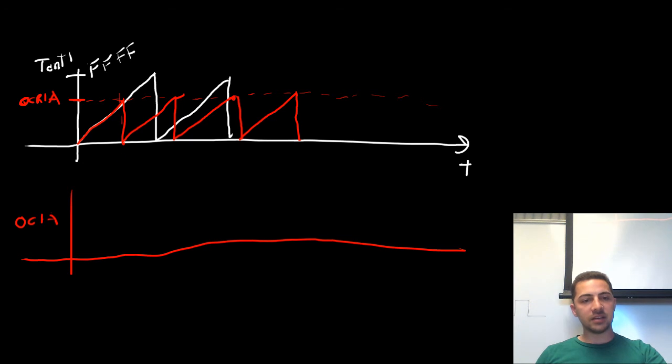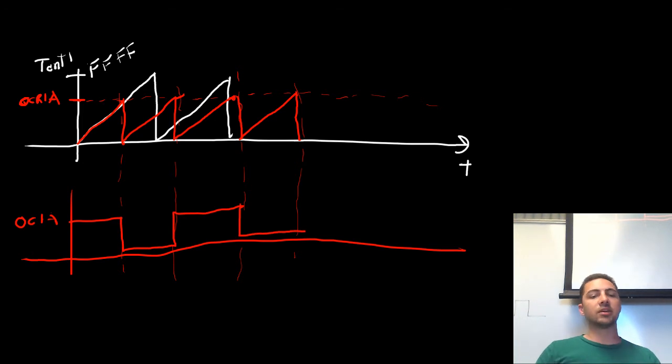And every time it does this, every time it resets, we can have it toggle. Starts out at 1 maybe, toggles to 0, goes up to 1, toggles to 0. Those should be equally spaced. The only reason it's not completely equally spaced is because I'm bad at freehand drawing.